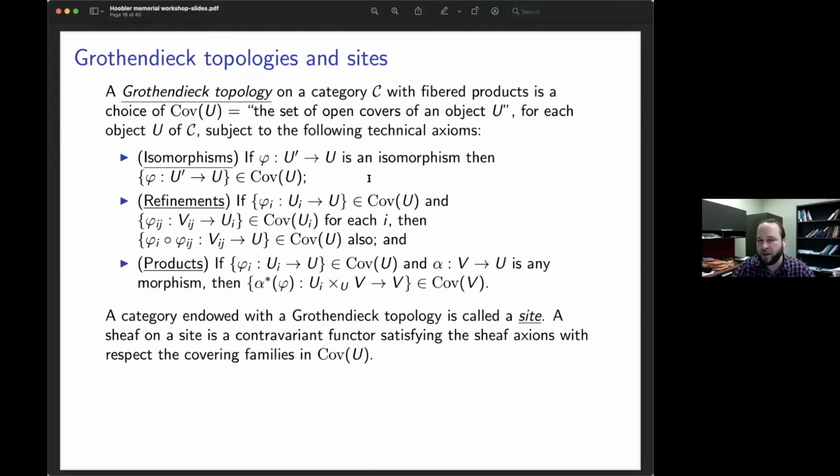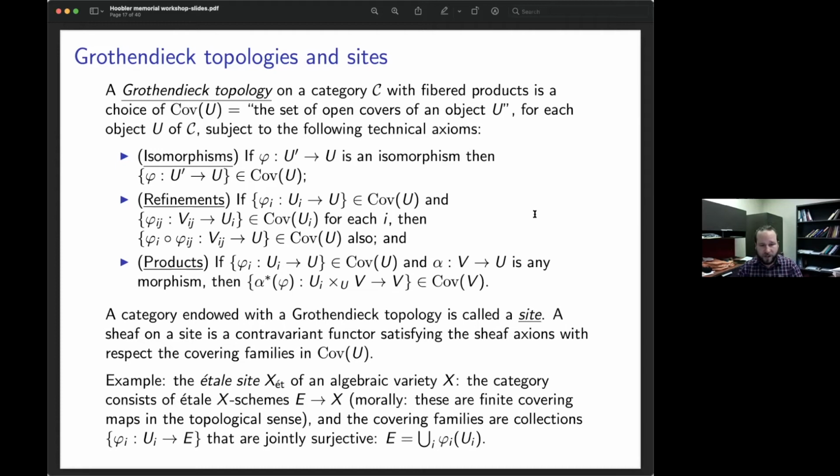I'm not going to write it again. The definition carries through so long as your category has this extra structure satisfying the axioms. Historically, the first example of an exotic Grothendieck topology on a category came out like this. I give you an algebraic variety X, and then there's this notion of a scheme that's étale over X.